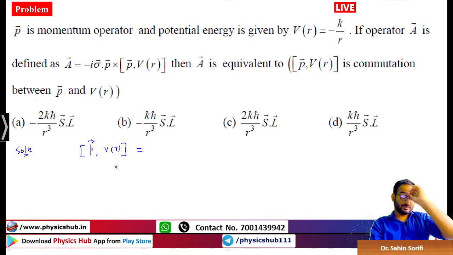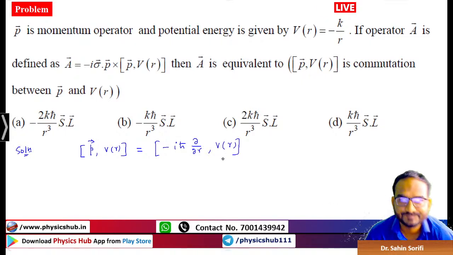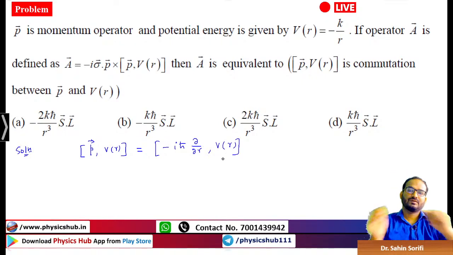What is this thing equal to? P is equal to minus iħ del by del r times, okay. So this is the meaning of this thing.